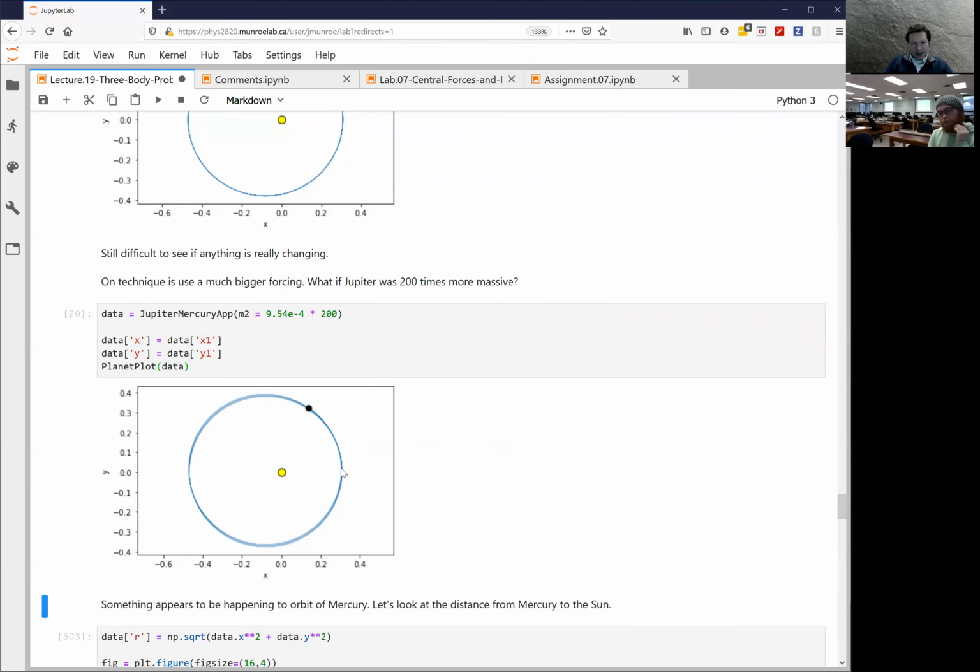What's happening is it started off that the near point between the Sun and Mercury started here, but over every orbit, the near point is actually moving down right here. So if you think about these as ellipses, the ellipse itself is rotating in a clockwise direction everywhere around.